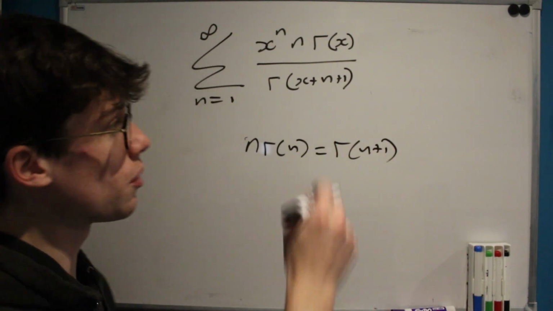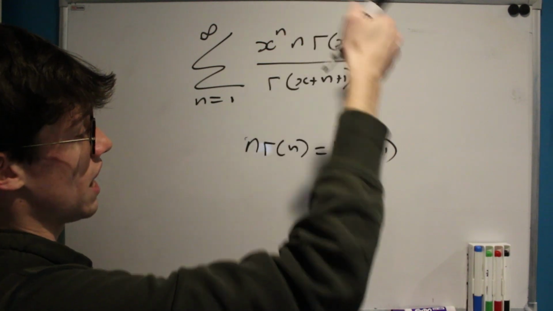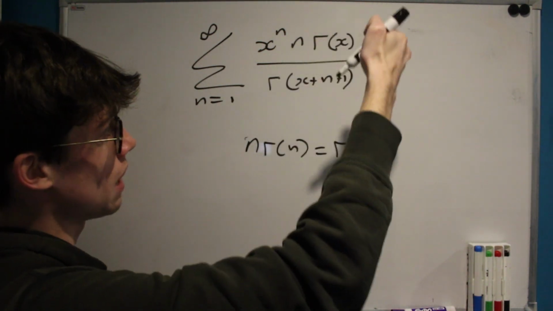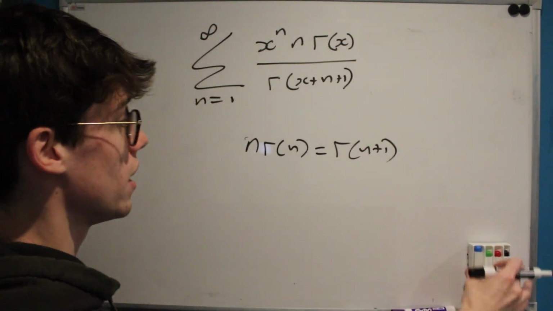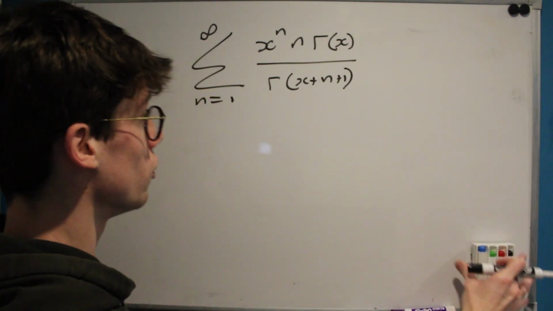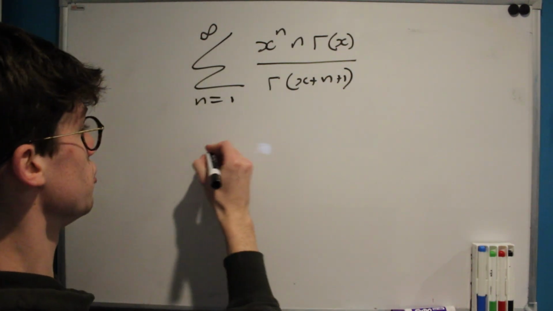So if I were to multiply my numerator by gamma of n, then I would end up with this n multiplied by gamma of n, giving me gamma of n plus 1, and I'd have the beta function relation that I want. And all I have to do is divide by gamma of n at the same time so that the value of the sum doesn't change.